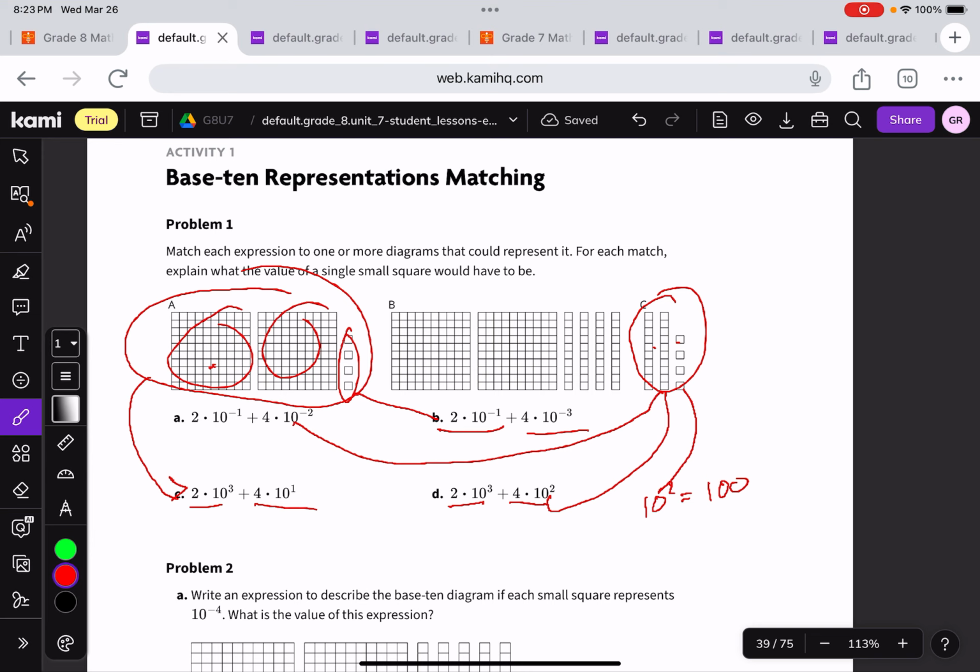And then over here, well, it could be 100 in this case. Over here, if we're using this one right here, because that also was a match, well, 10 to the negative second, in this case, that square was 1 over 10 to the second, or 1/100th.